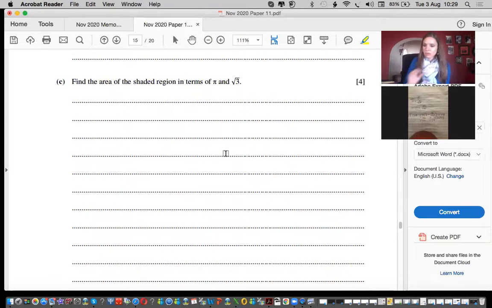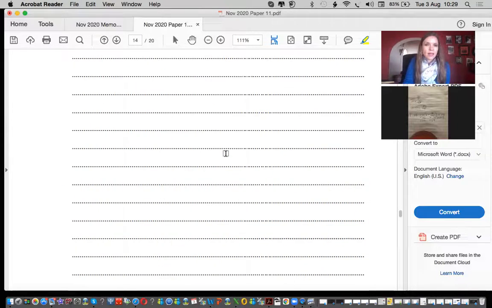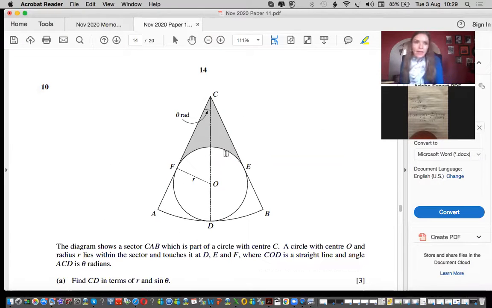So let's go on to C. B is done. Then they want the area of the shaded region. So for that to happen, we need a plan. The plan I was thinking of is maybe working out this triangle. You can even just do half base times perpendicular height.